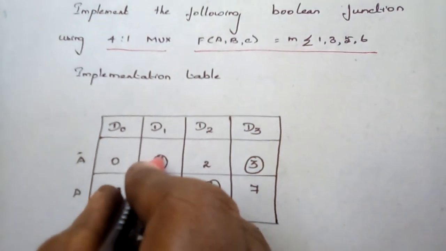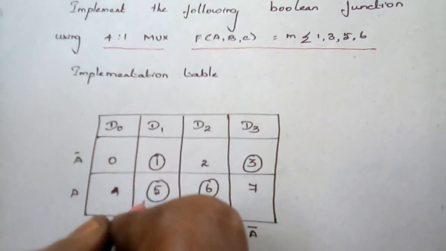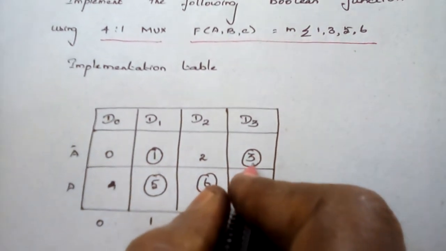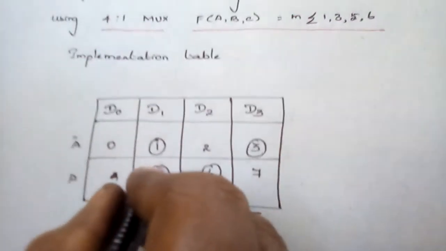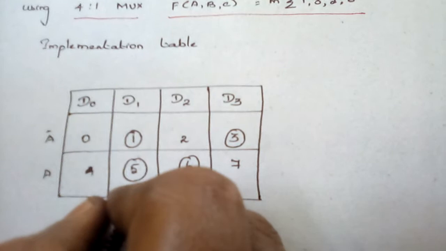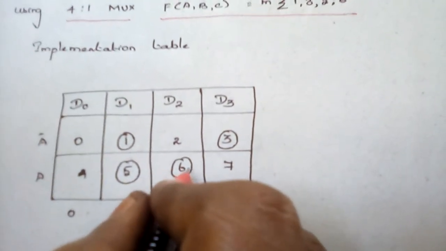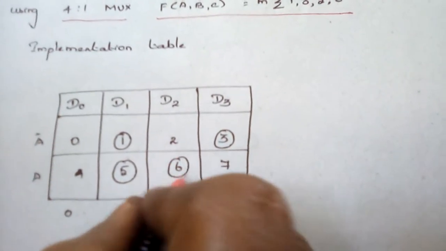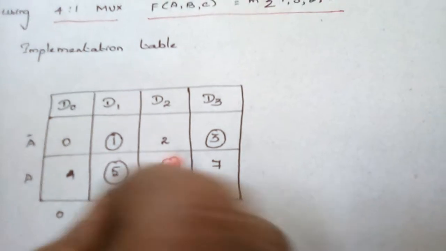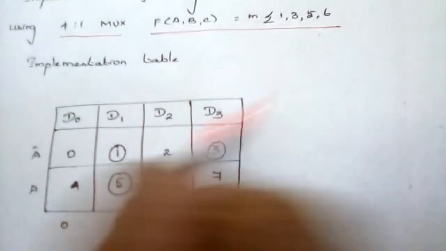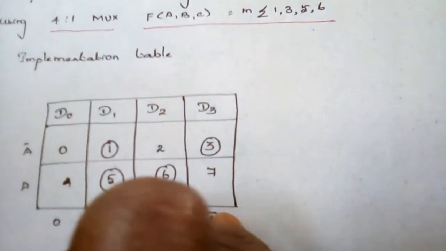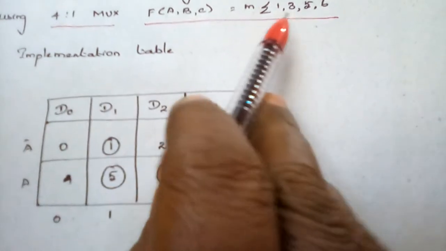Here 1 is given, I am encircling. 3 is given, I have encircled. Similarly 5 is given, I have encircled. And 6 is also given, I have encircled. Whatever the terms given, encircle all those terms.